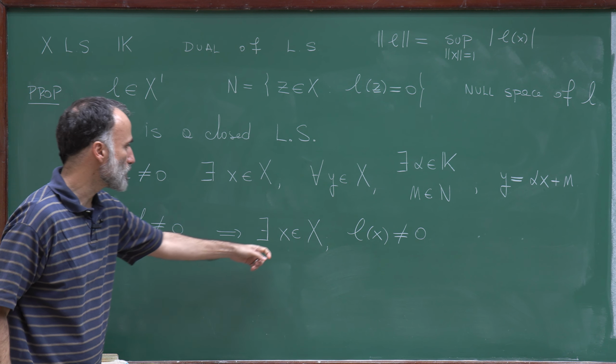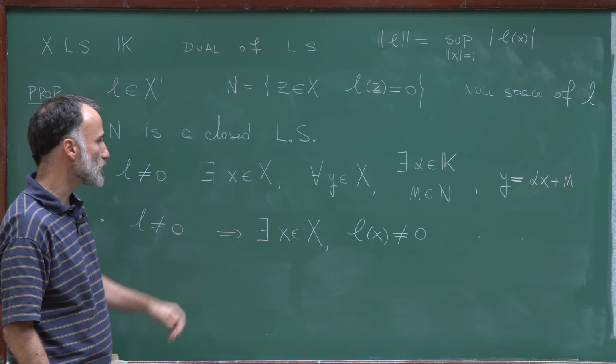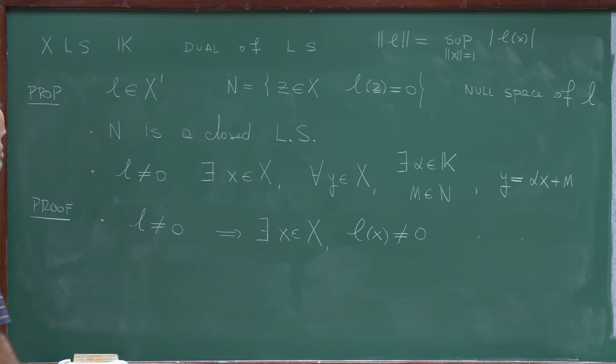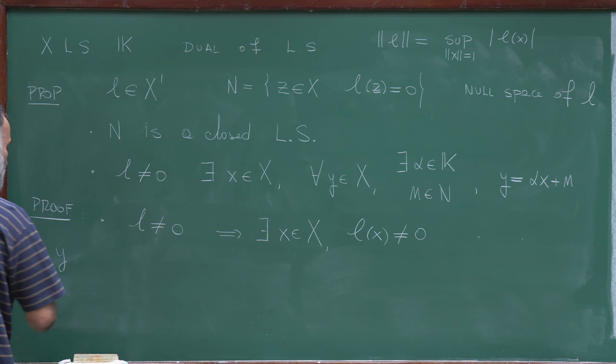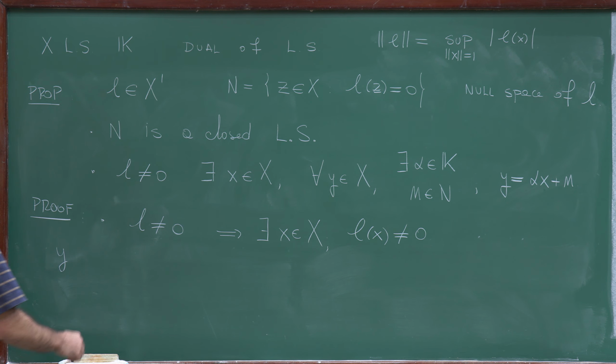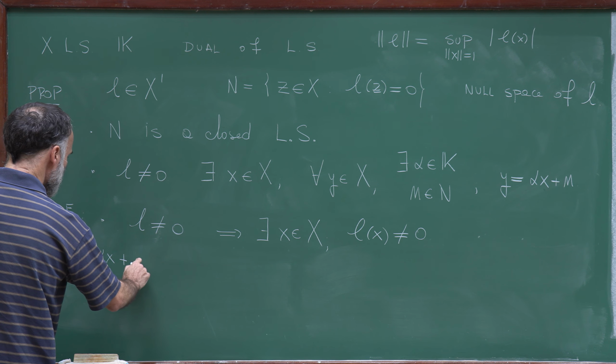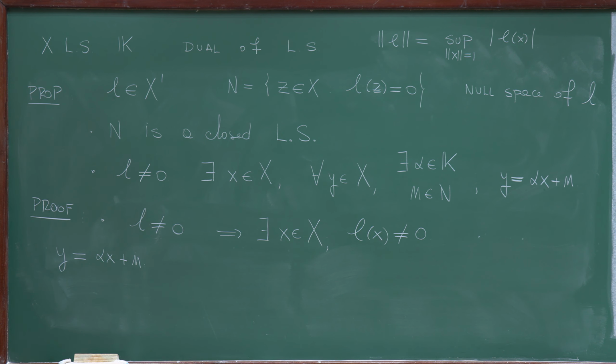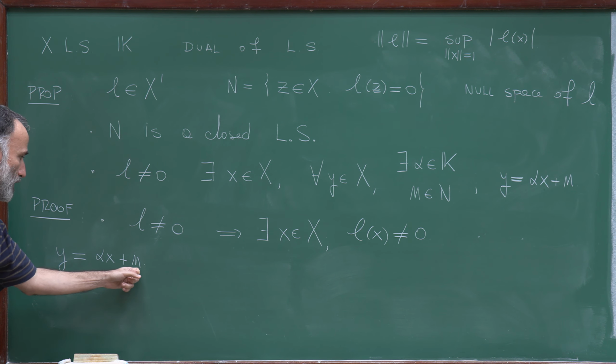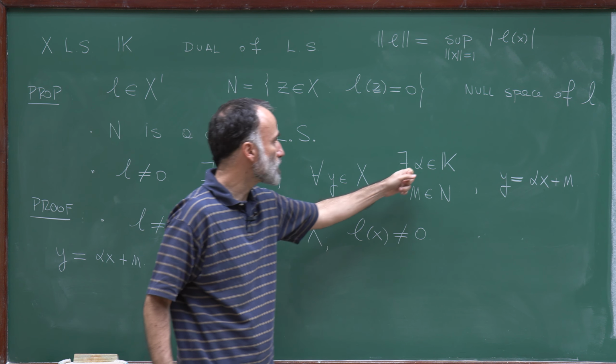So let me fix this X. This is the X which appears in the statement. And now let's take Y. And I want to write Y as alpha X plus an element of the null space. So the question is how to define alpha and n. I have to show that there exist this alpha and this n.